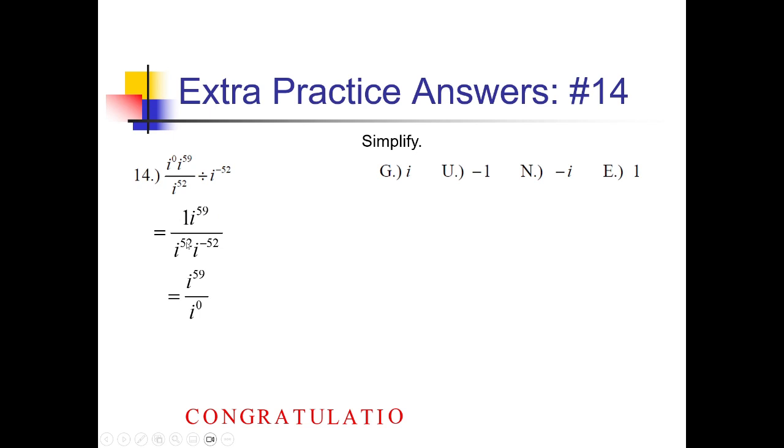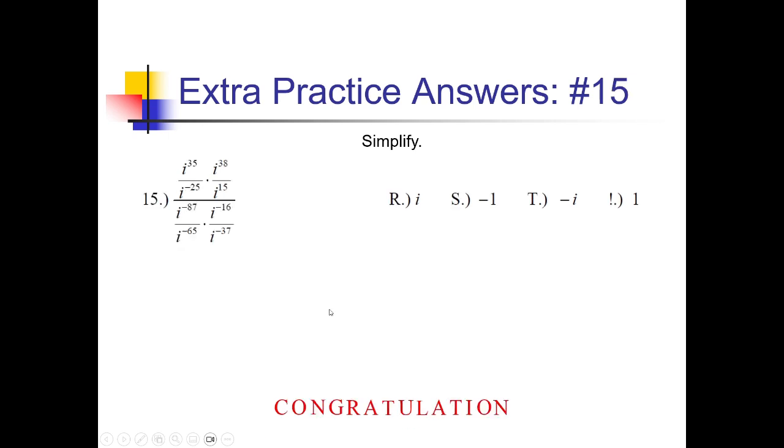And then adding those exponents down there together gives us 0 for that power, which is kind of nice. Since i to the 0 is just 1, i to the 59 divided by that is just going to be i to the 59. Finding the remainder dividing by 4, 56 is a multiple of 4 that I can subtract from 59. So this is really i to the 3rd then, which is negative i. And that gives us an N.